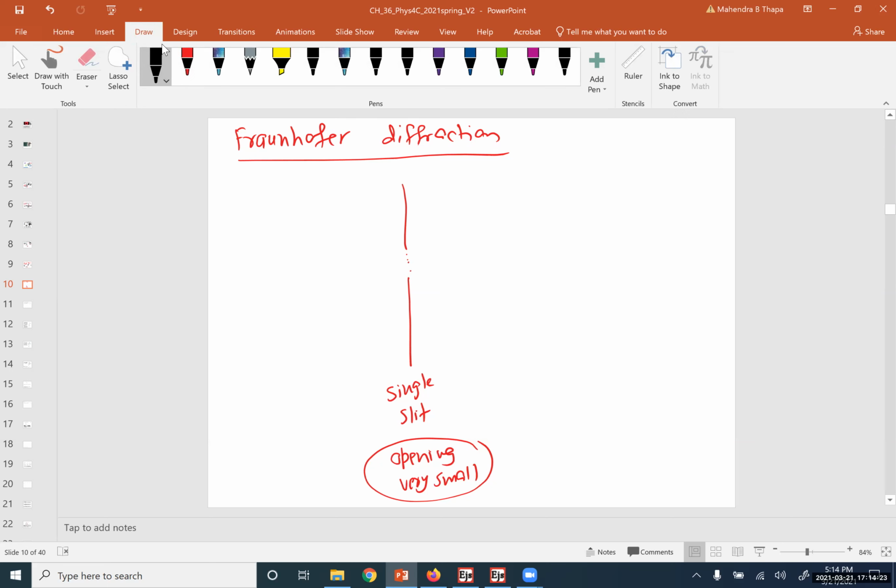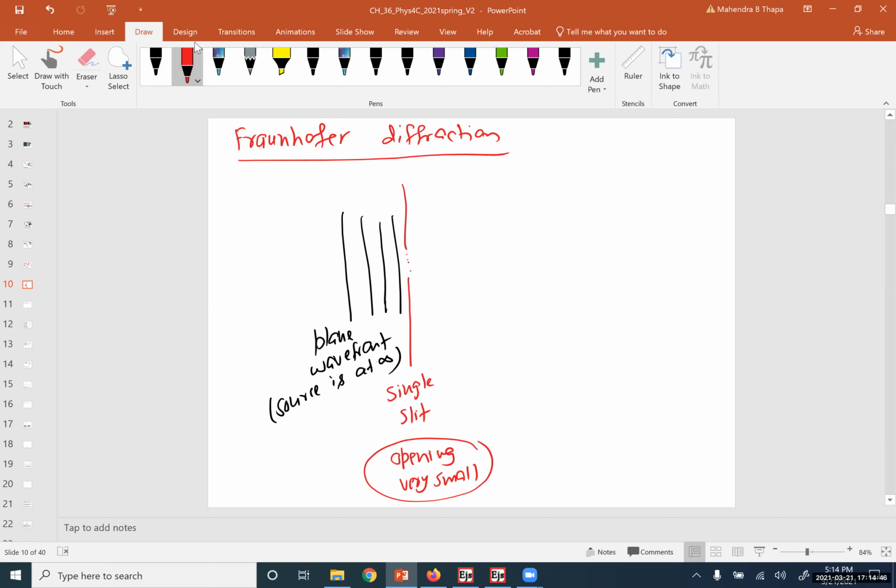You know that if the source of light is very far away from us, then a plane wave front will come in. So these are the plane wave fronts, because in our case, the source is at infinity. We defined before that a perpendicular line to the wave front represents the rays.